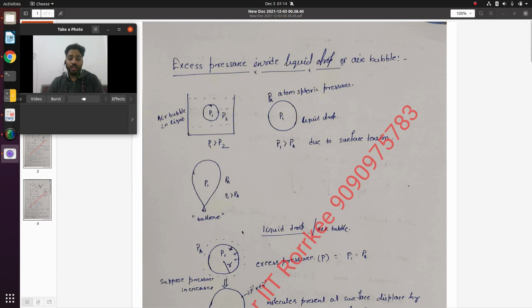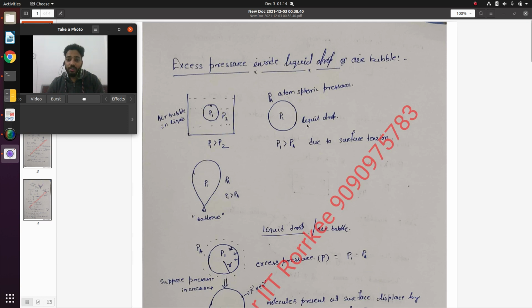Okay, the first one is our liquid drop or air bubble. Another reason why I take the liquid drop and the air bubble as one problem: you can see in this air bubble only the inner surface is in contact with air, but the outer surface is in contact with liquid.